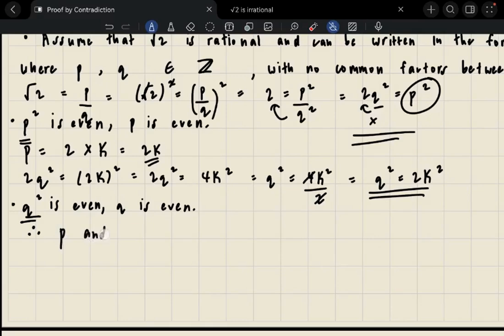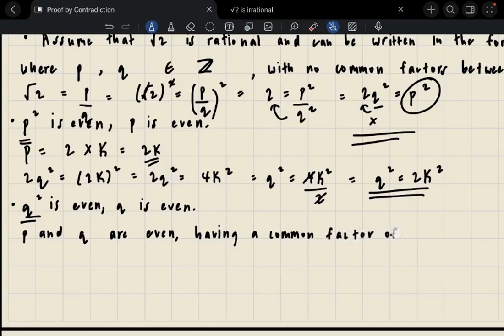p and q, I'll start with this first. P and q are even, having a common factor of 2.